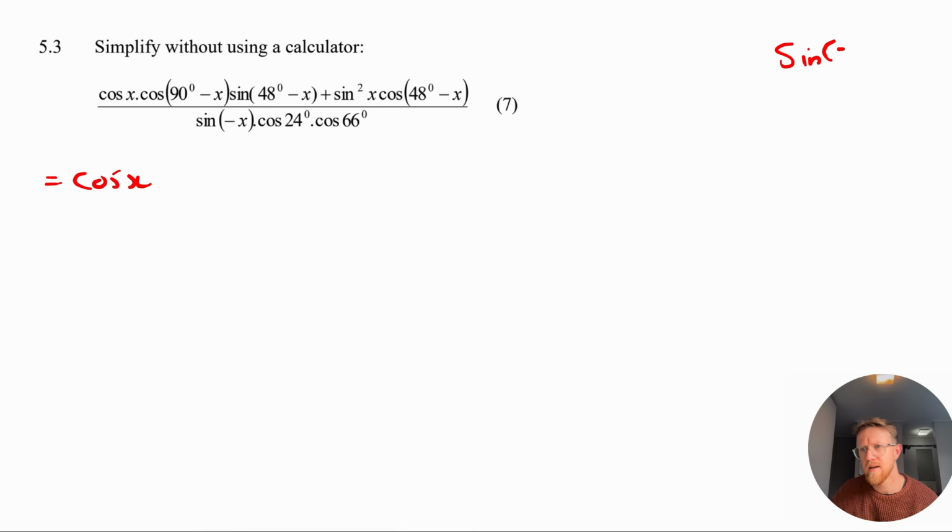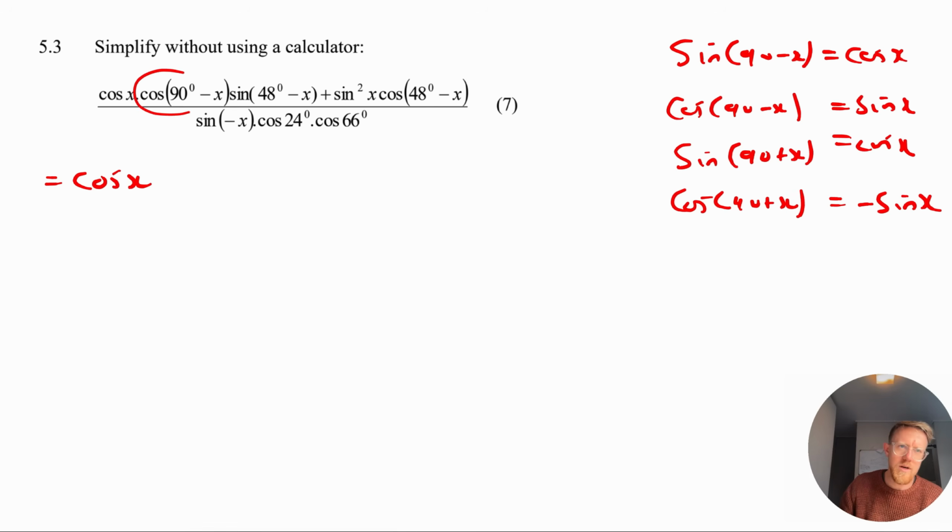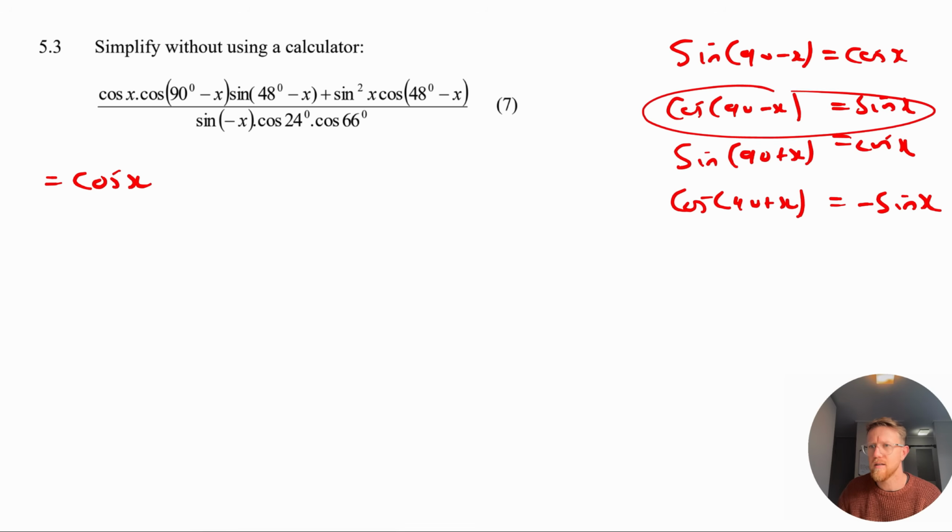So sin 90 minus x, cos 90 minus x, sin 90 plus x, cos 90 plus x. And so we must just remember that this one always becomes cos, this one always becomes sin, this one always becomes cos, and this is the weird one. This becomes negative sin. So this one here, cos 90 minus x, just becomes sin x.